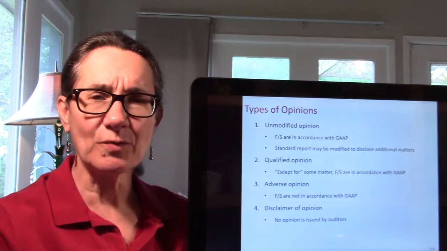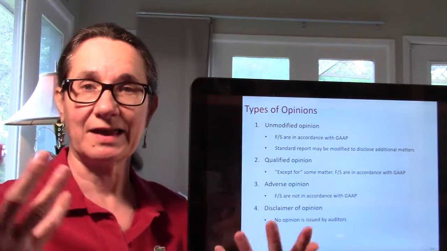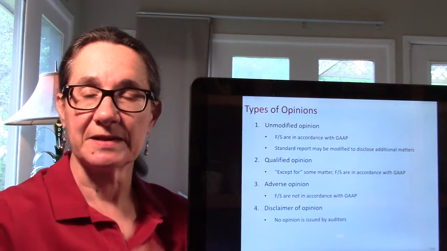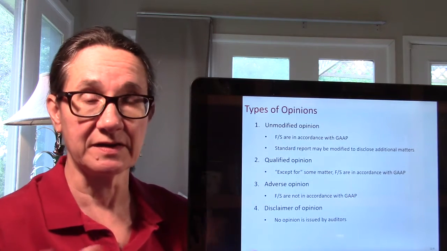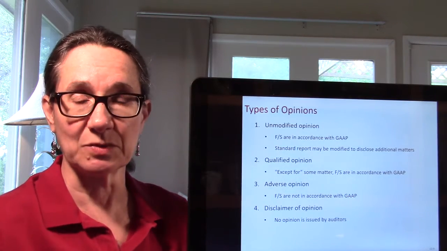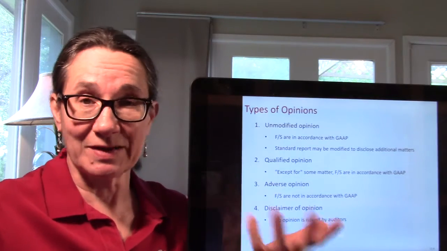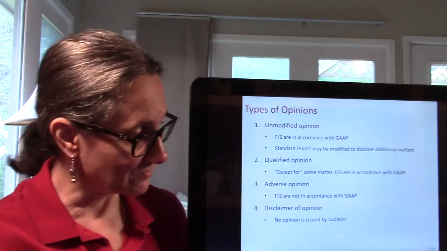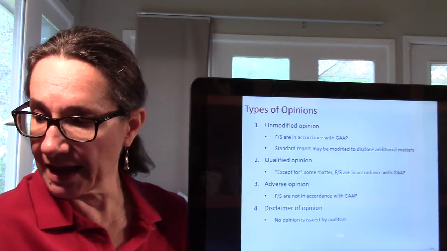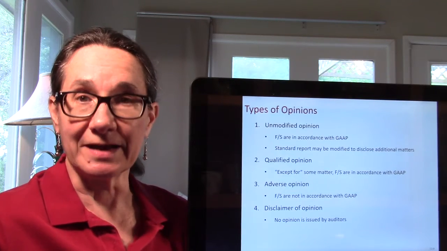Like, oh, this partner in the office owns stock, or this partner's wife owns stock in the company. We can't audit them, right? So you just stop and say we have no opinion. You could also come to the end of an audit and have a scope limitation so big that you say, everything might be fine, but we can't tell, so we're just going to have no opinion. So those are some other types of opinions you could have, and we're going to talk about some of that on the next video.